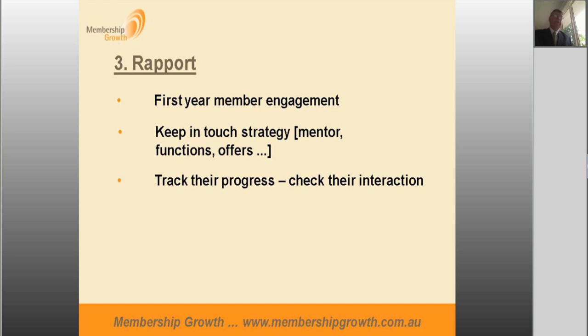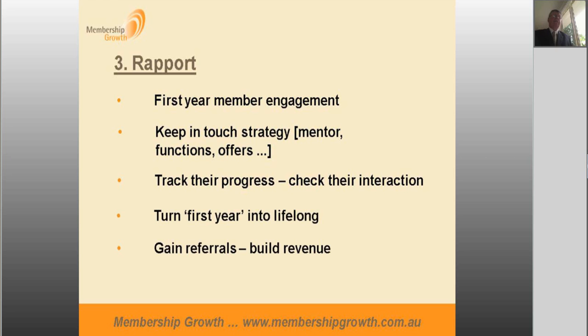I would also suggest you perhaps do an email survey. I also suggest that if they're not tracking well and they're not transacting or interacting with you, I would probably make a phone call to them and talk them through some of the things that you can do. Because your goal really is to turn a first-year member into a lifelong advocate. And the other part of that, too, is to gain referrals.